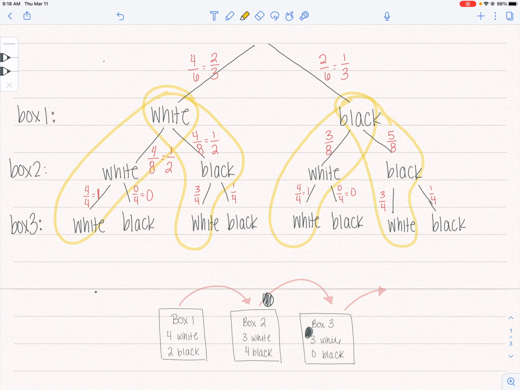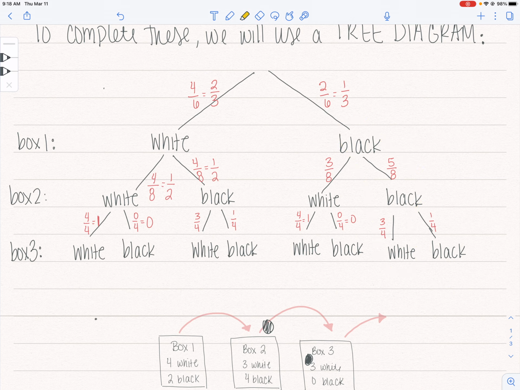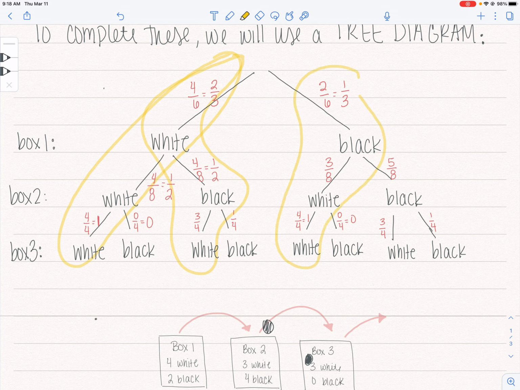I'm sorry, I should have extended these further. Let me redraw these. So you're going to look at where the last ball is white, which came from all of those.